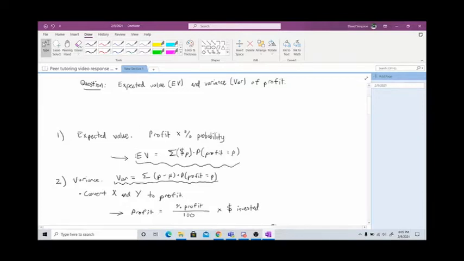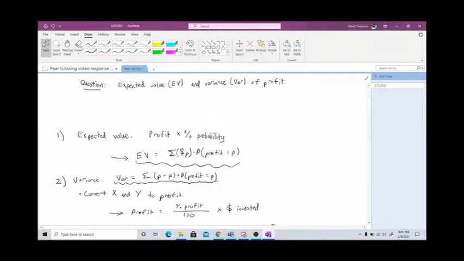And the formula for EV is going to be the sum. And what I have here, I can explain the different variables. I have p. This little p represents a variable that contains how much profit you're going to get. And then big P is the generic symbol for probability.